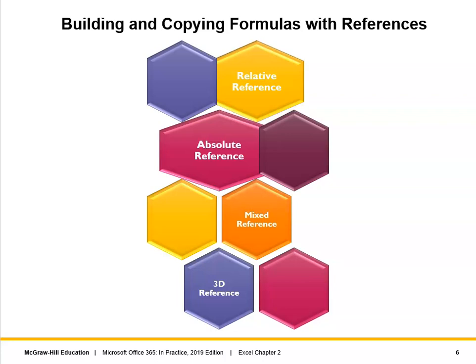An absolute cell reference is indicated with $ signs. When an absolute reference is copied, it does not change. You can type the $ signs, but it is much easier to just use the F4 key to insert the $ signs. A mixed cell reference has a combination of relative and absolute references.